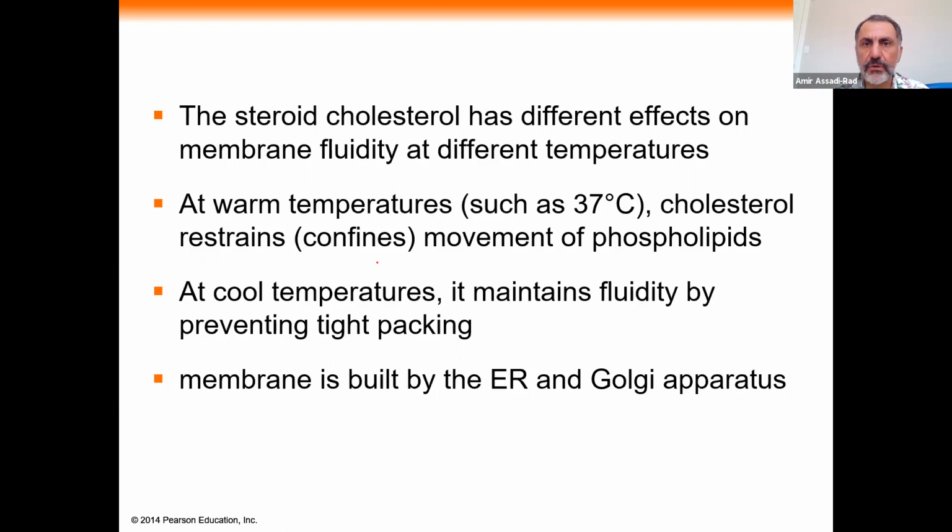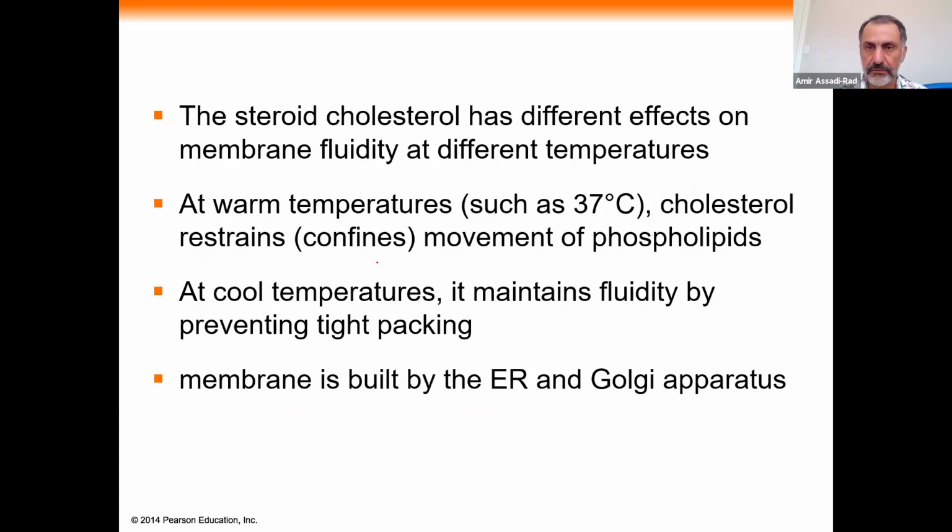The steroid cholesterol has different effects on membrane fluidity at different temperatures. At warm temperature, such as our body temperature, 37 Celsius, cholesterol restrains the movement of phospholipids, okay? Cholesterol in a way is good, so that the phospholipids do not move around too much.